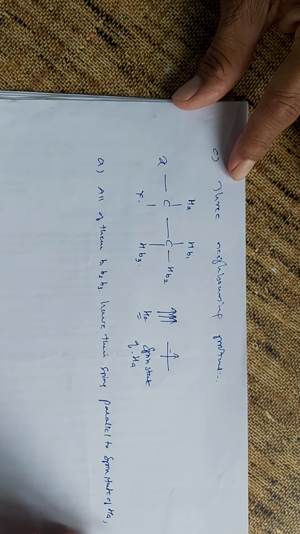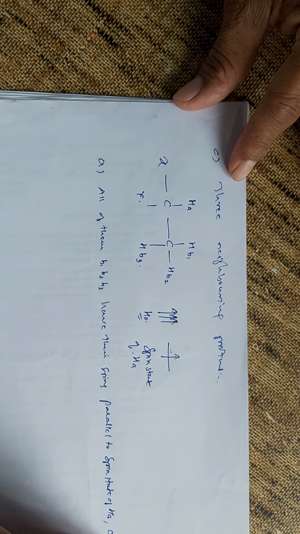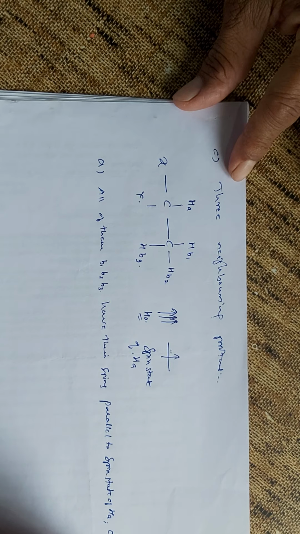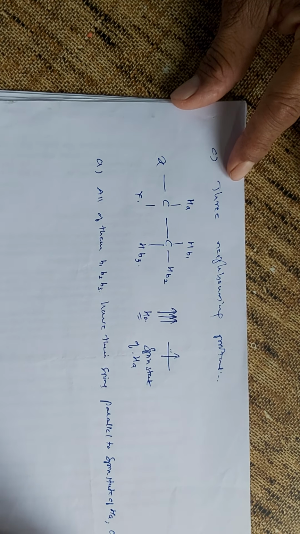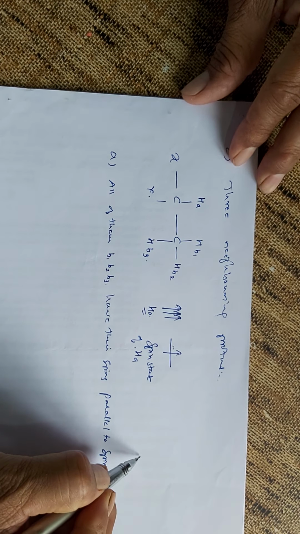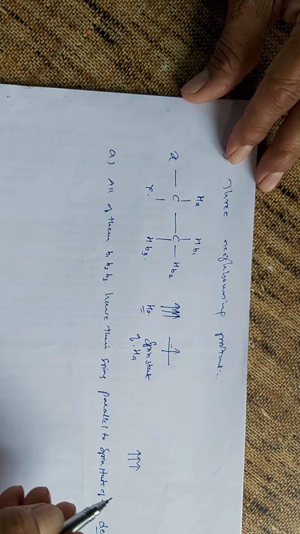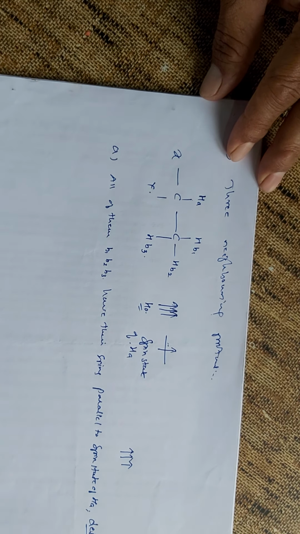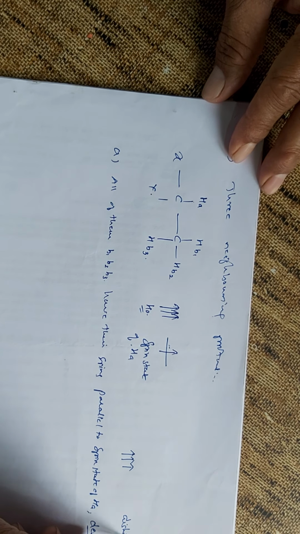This will result in de-shielding of HA. De-shielding of HA means that all these three protons, B1, B2, and B3, are having the spins parallel. So this will cause de-shielding.